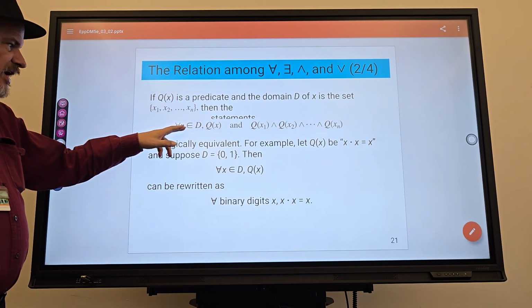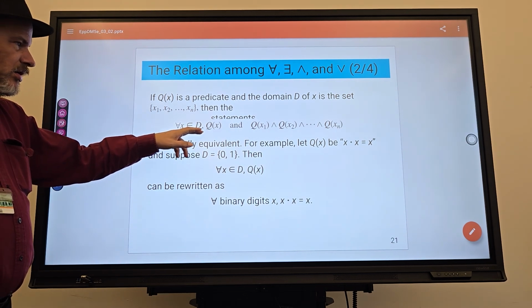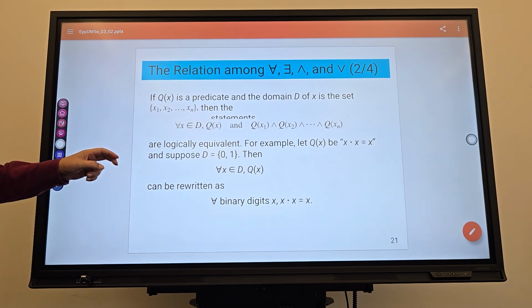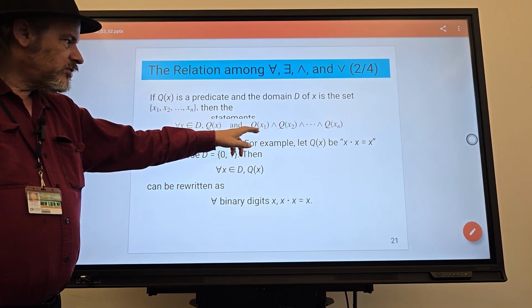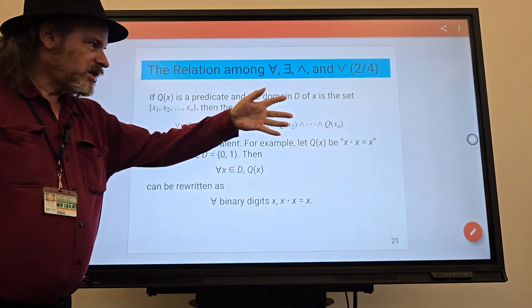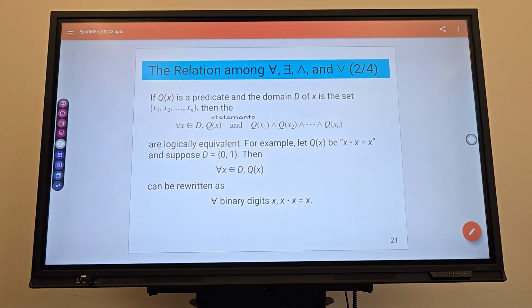For all x an element of D, Q of x is equivalent to Q of x1 and Q of x2 and so on to Q of xn across the domain D. And it gives an example with binary digits.